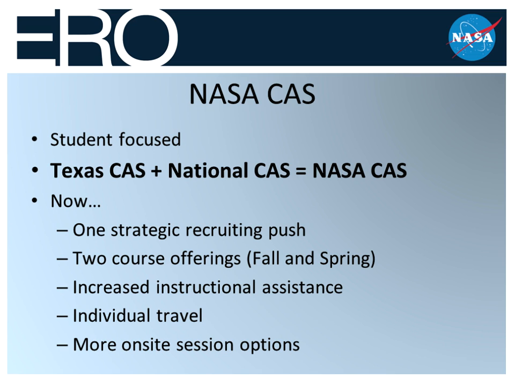So as I said, we wanted to really put that focus back on the students, and in order to do that, we needed to clean up those inefficiencies, so that can allow us to put those time and resources directly towards our students. And so what we are working on, and what we have done a lot to change in the last month, is we will be combining Texas Community College Aerospace Scholars with our national COSTs program to create NASA COSTs.